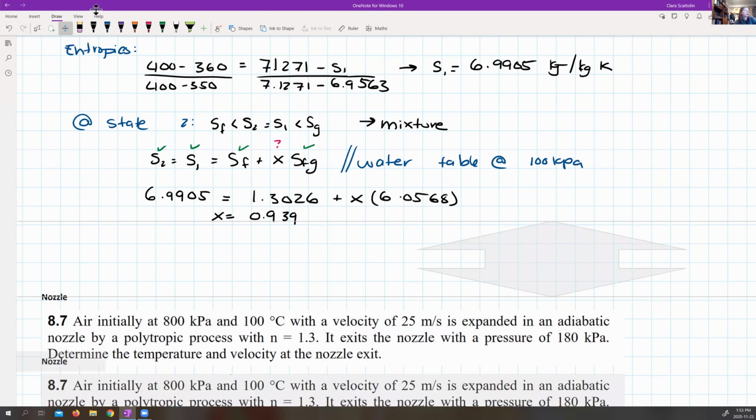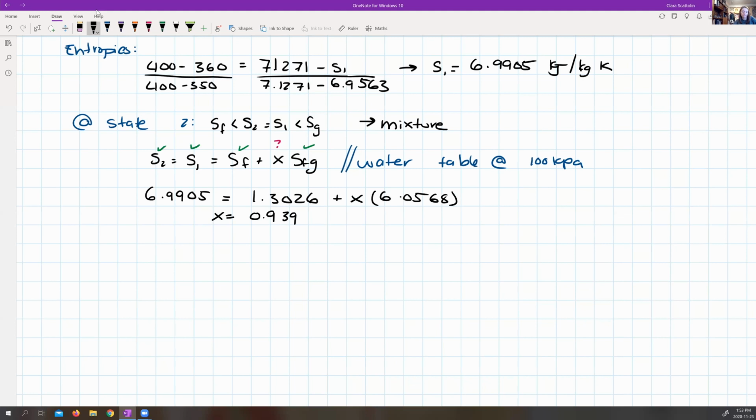Okie dokie, now that I have my quality, I can use this to find my H2. H2 is going to be equal to HF plus X HFG. In this case, HF, HFG, and X are known, and H2 is my unknown.